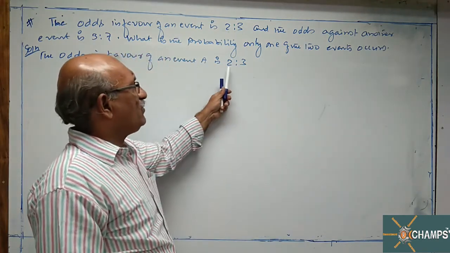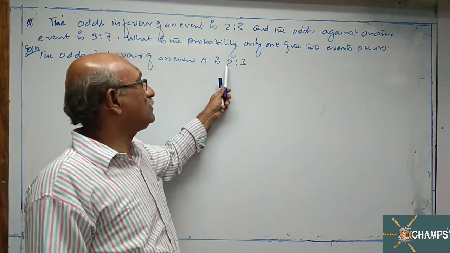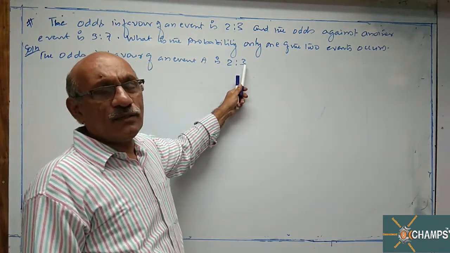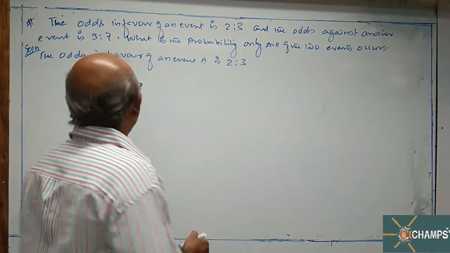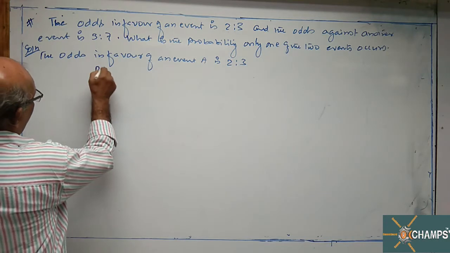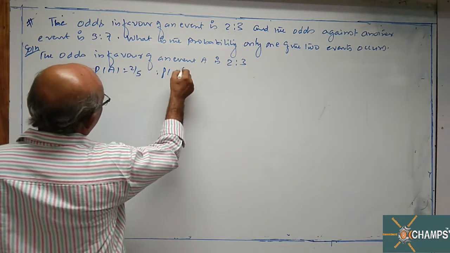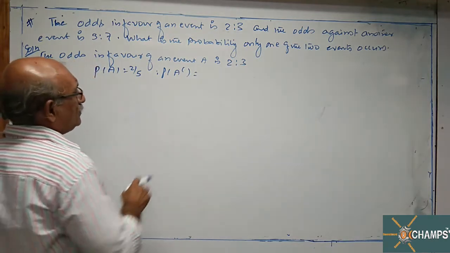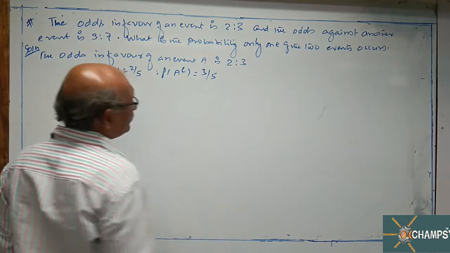Out of those 5 cases, 2 cases are supporting the happening of an event, and 3 cases are not supporting the happening of an event. So probability of A is equal to 2/5. Probability of A complement is 3/5.